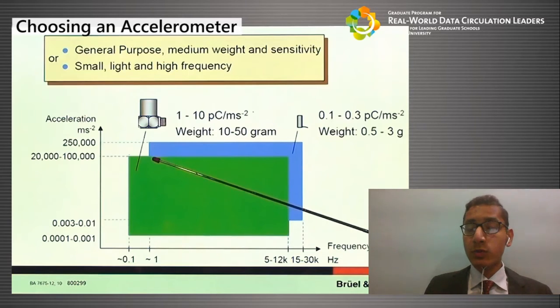In the blue region, the sensitivity ranges from 0.1 to 0.3, so it has very low sensitivity, but the weight is lower as well. We have to consider that it has to be of lower weight, so when we attach it to our required component, it doesn't hinder its motion.